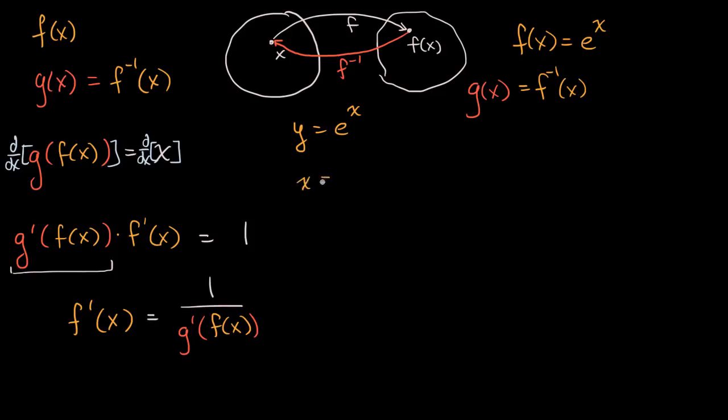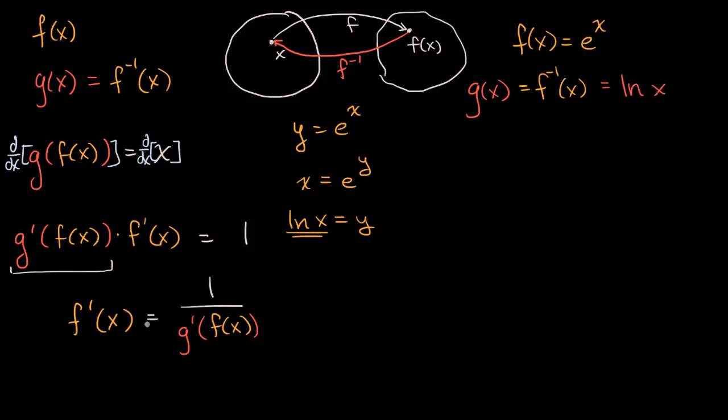So you'd get x is equal to e to the y. You take the natural log of both sides, you get natural log of x is equal to y. So the inverse of e to the x is natural log of x. And once again, that's all a review of inverse functions. If that's unfamiliar, review it on Khan Academy. So g of x is going to be equal to the natural log of x.